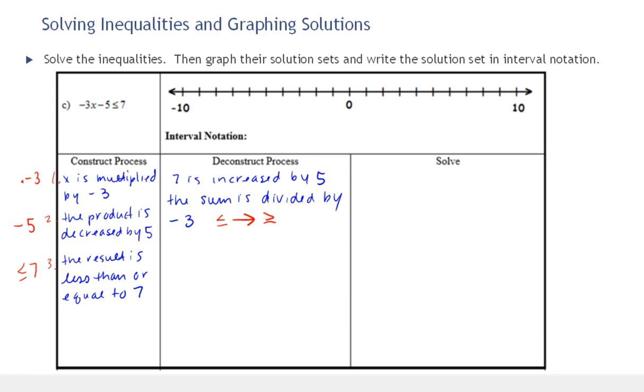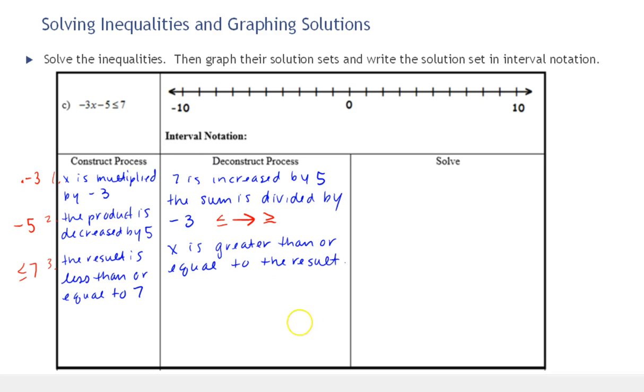Okay. And then the last step we have the x, always start with x, is now instead of doing less than or equal then I'm going to write greater than or equal to because of this switch. Okay, so x is greater than or equal to the result.